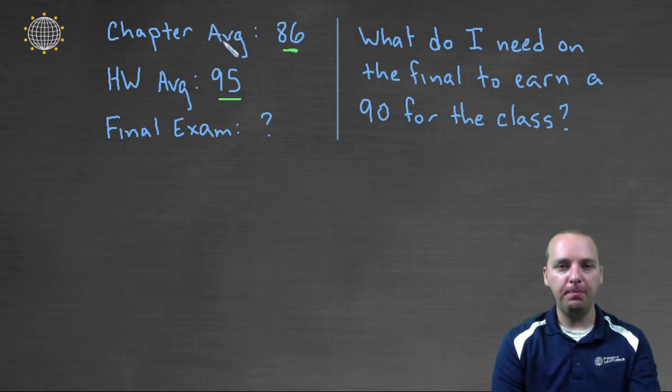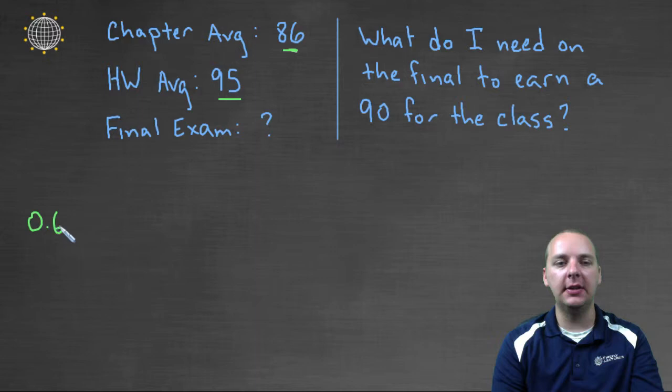So here's how we're going to do this. We're going to take our chapter test average, and we'll multiply it times its weight, which was 0.6. So we'll have 0.6 times 86. And then we'll take our homework average times its weight, which would be 0.15. It was 15% weight. And we'll add that.